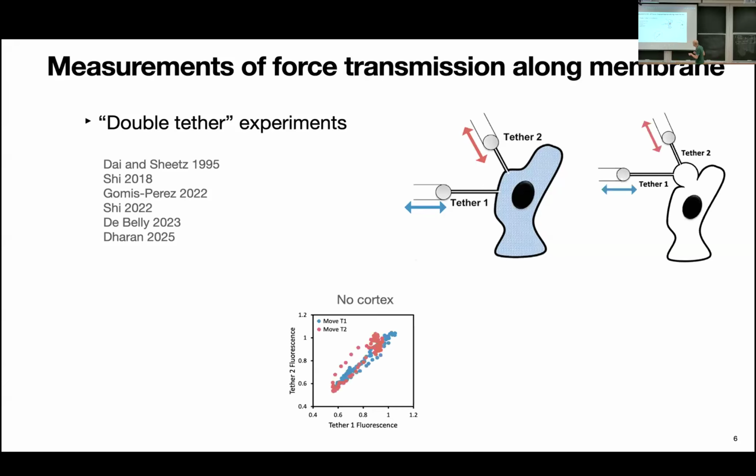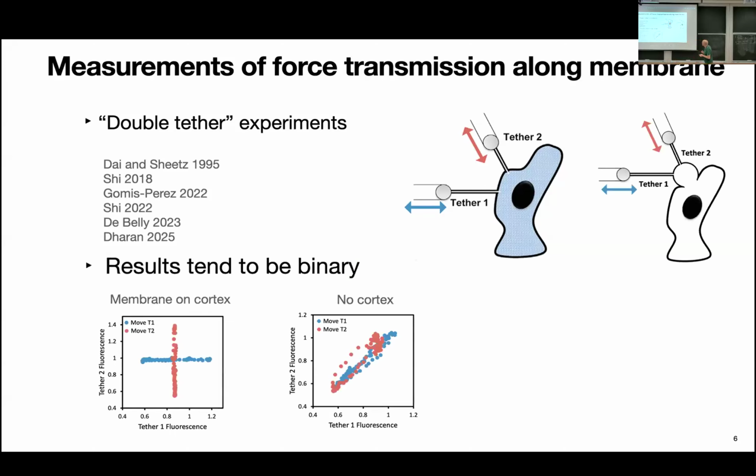So what the experiments show is kind of binary. In the blue data, let's say I rapidly pull on tether 1. The vertical axis is the fluorescence of lipids in tether 2.